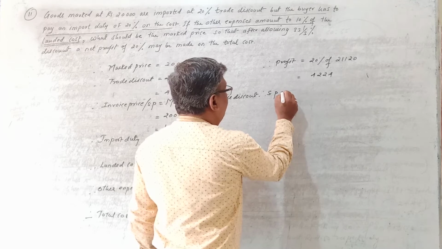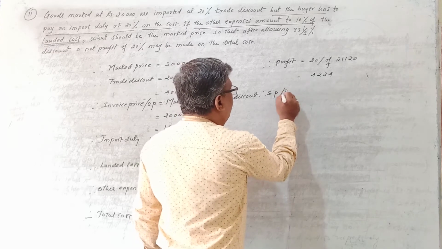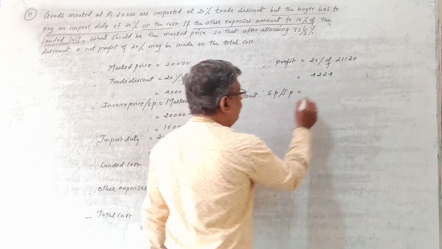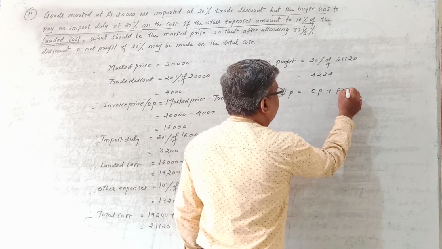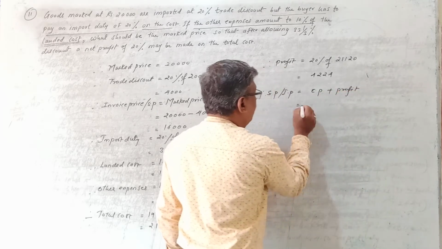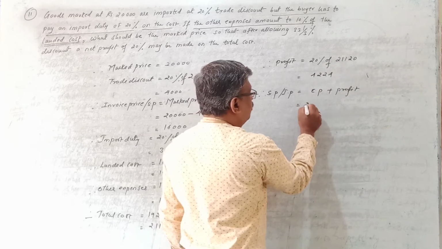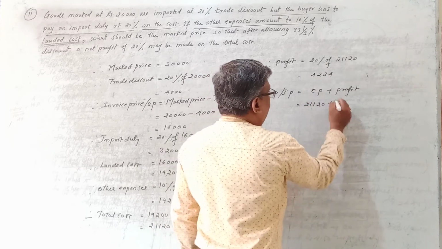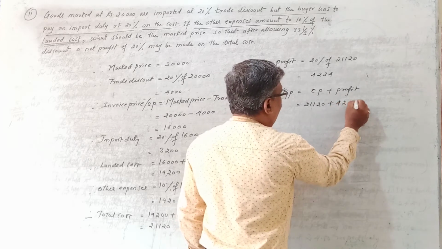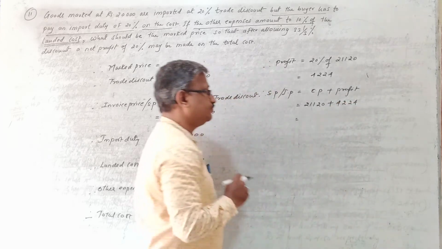So let's calculate the selling price. Selling price, or you can call it invoice price, equals cost price plus profit. So what is his total cost? It is 21,120 rupees plus 4,224 rupees.